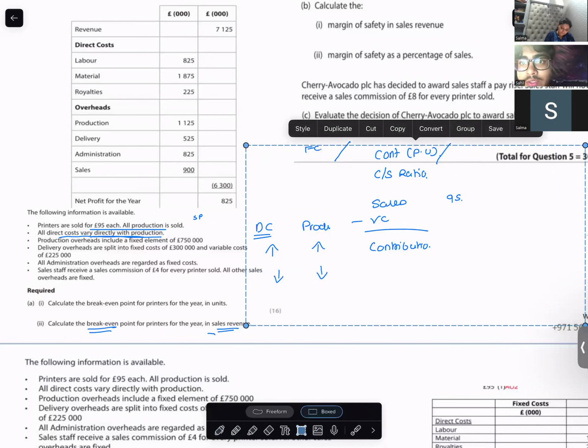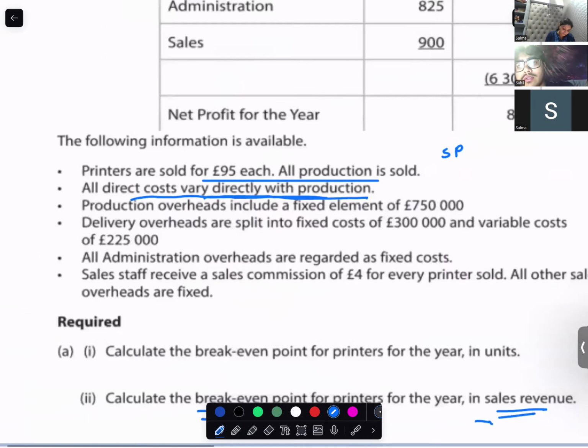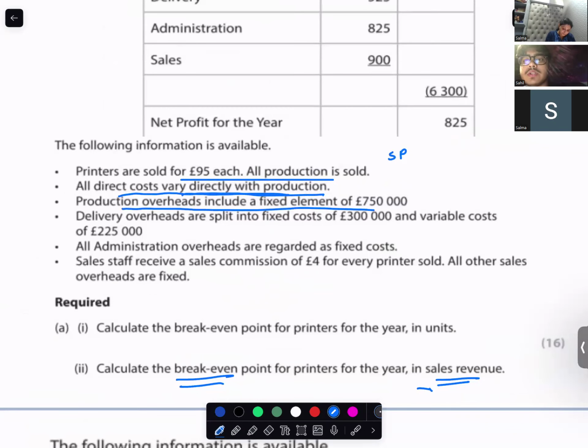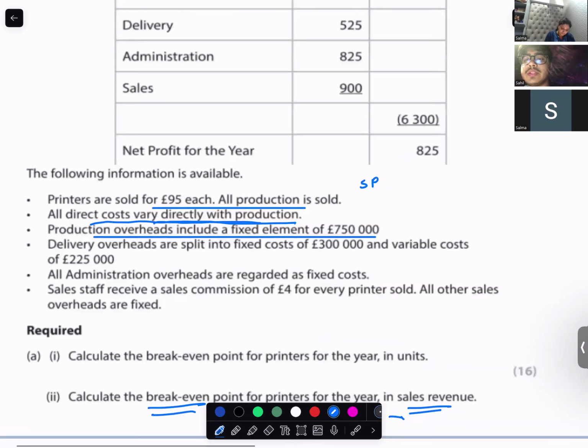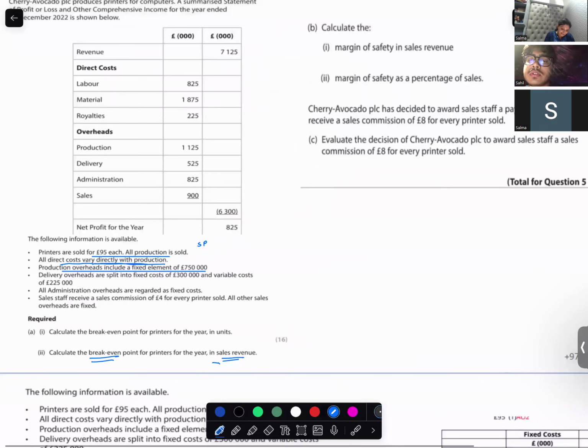Our production overheads include a fixed element of 750,000 pounds. What is your production overheads? It is 1,125,000.